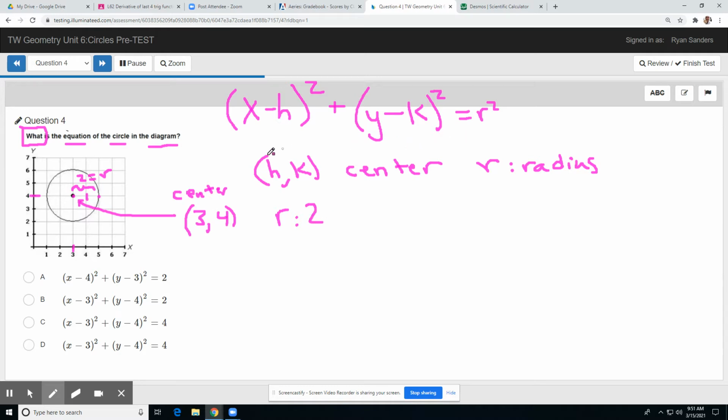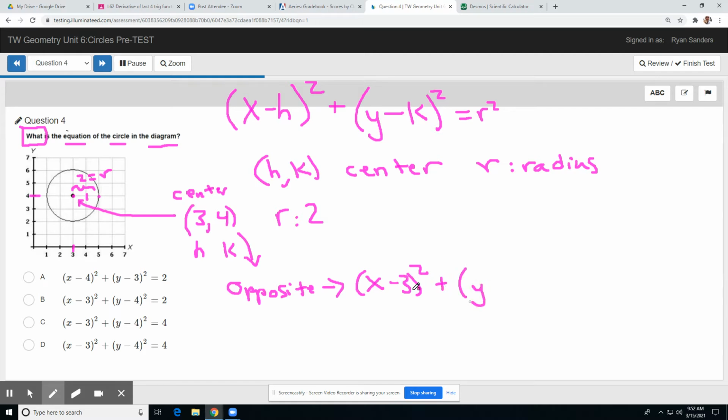We put all of that into the equation. Okay, now you can plug them right in. This is your H, this is your K. I like to think of the opposite idea for these. So that would be X. The opposite of 3 is -3. And notice if you just plug 3 in here, you'd have X minus 3. So that also works if you like plugging it in.